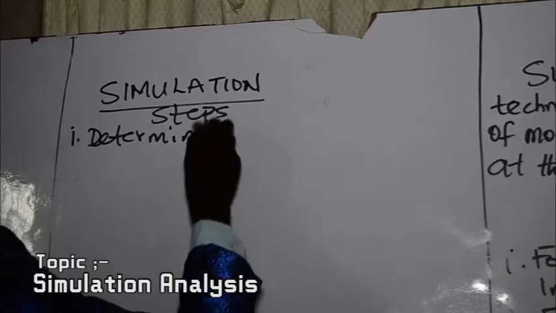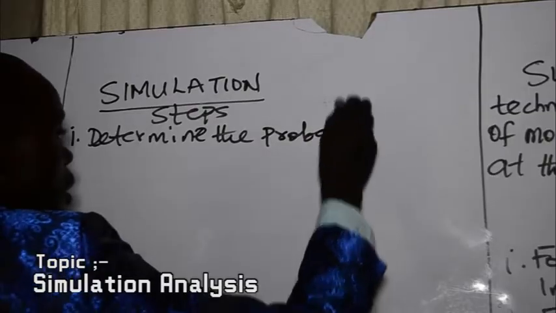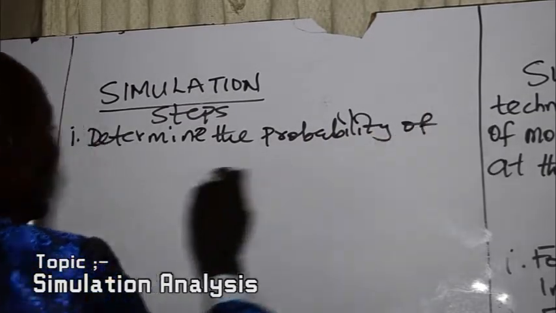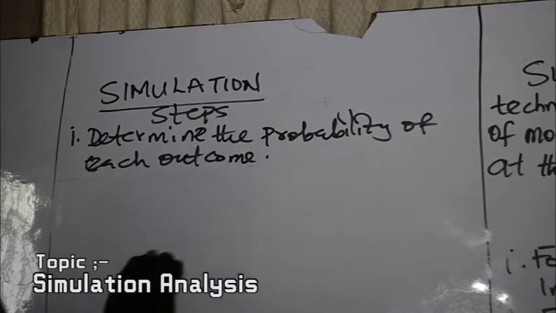Step number 1: determine the probability of each outcome or event.